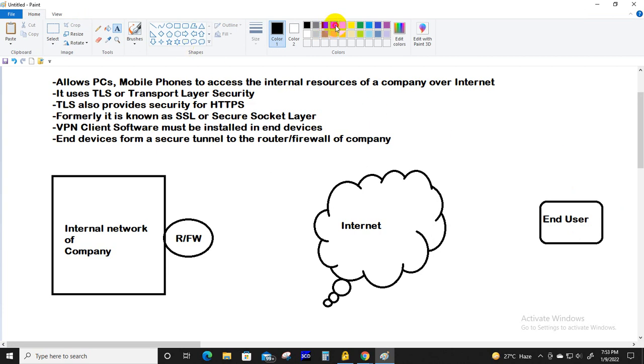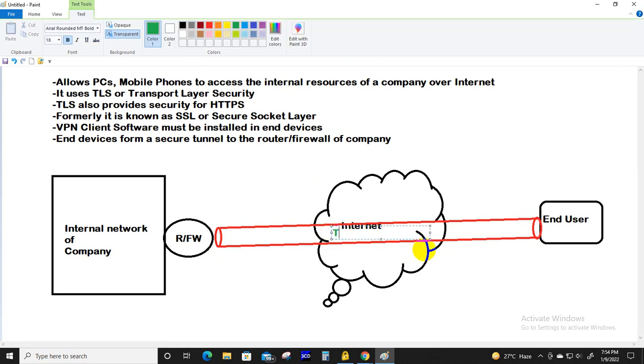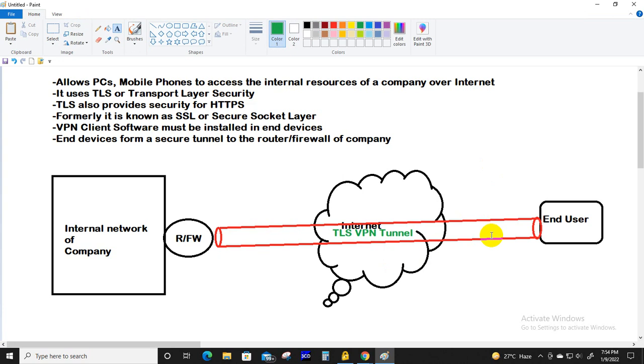Now this end user creates a secure TLS VPN tunnel, which is secure, and this tunnel is created over the internet.